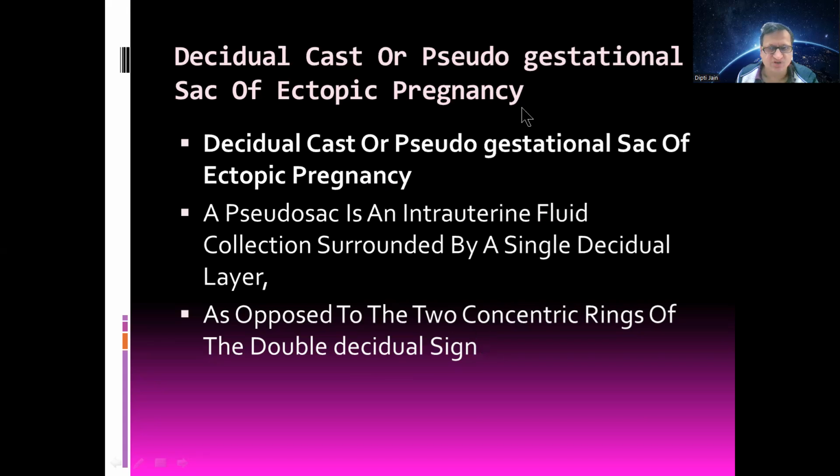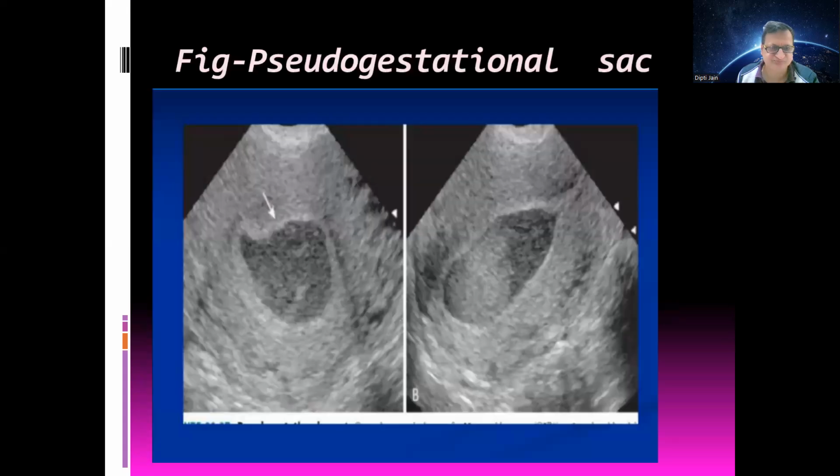So in a pseudosac, which is just a collection of fluid or blood in the endometrial cavity, there is no double decidual sign because there is no true sac present. So this is the pseudosac where the collection of fluid is there and it is surrounded by a single decidual reaction.